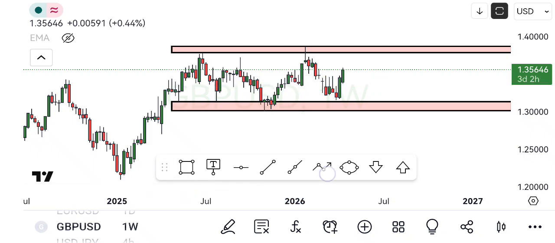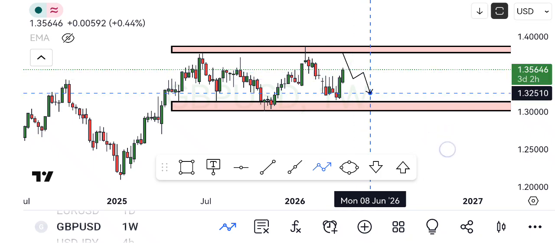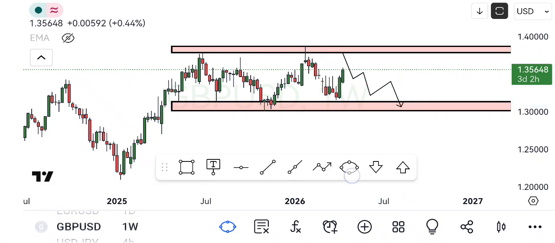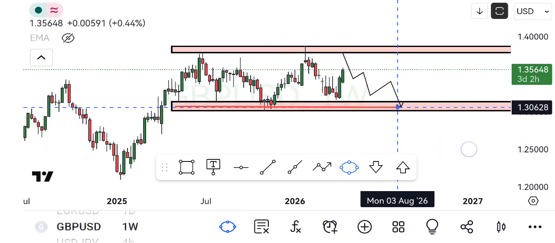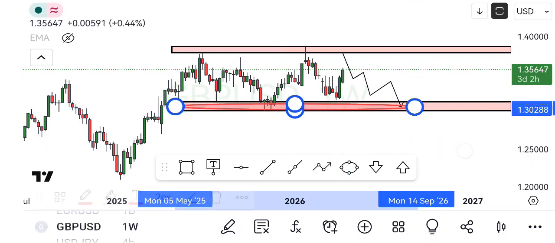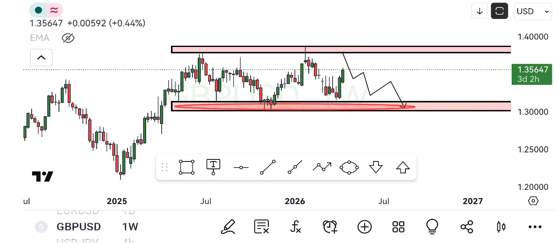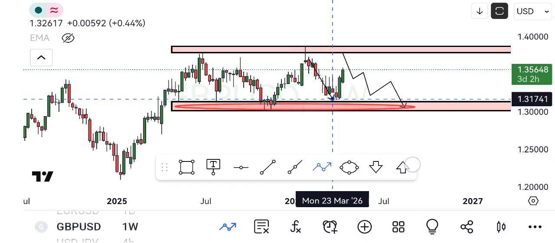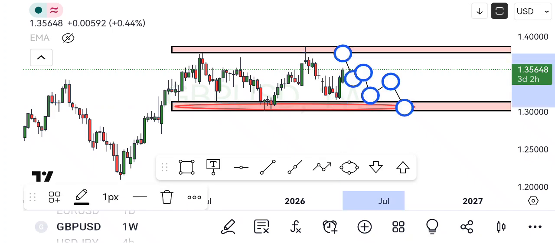Even though the price is coming down towards this area right here, it did not reach the support according to my standards, because if I am to buy the support, I need the price to dip a bit deeper inside the area. So nothing much on the weekly.